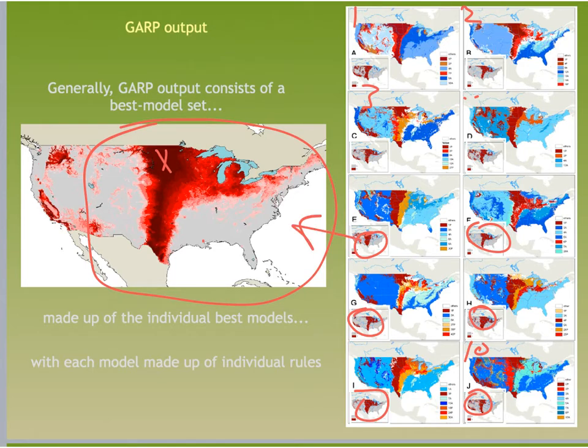What you're looking at here in the red and orange rules are presence rules identified by a P in the legend, and the blue rules are the absence rules, those areas where the species is not likely to be found. And what you can see across this set of individual models here where the rules are plotted is that relatively few rules, 5 or 6 out of the 50, describe the majority of the landscape.